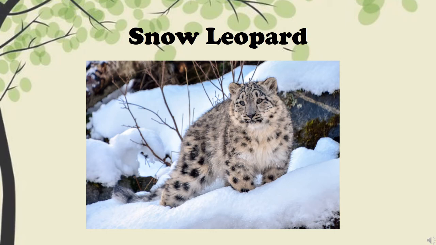About 12,000 to 14,000 leopards were speculated to live in the entire country. But after that, it is estimated that now there are 4,500 to 7,500 snow leopards living in the mountains of Central Asia. But in India, it is estimated that the population of snow leopard is around 200 to 600 only. So this species also is about to go extinct because they are left very much less in number.